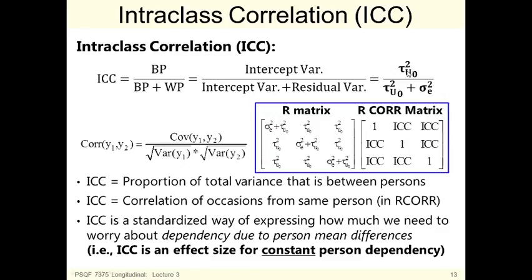So the ratio, the intraclass correlation, varies in this particular model from 0 to 1. It can't be negative because variances can't be negative. There are other ways to build in negative correlations across time that do not relate to variances, but in this case, it's 0 to 1. The closer it is to 1, the more of your outcome is because of level 2, because of between-person mean differences, cross-sectional differences that were already there.